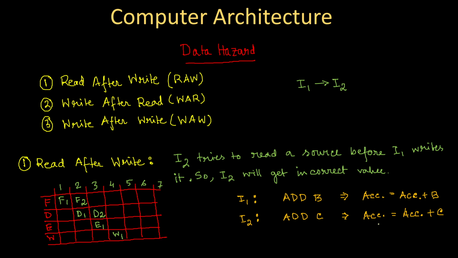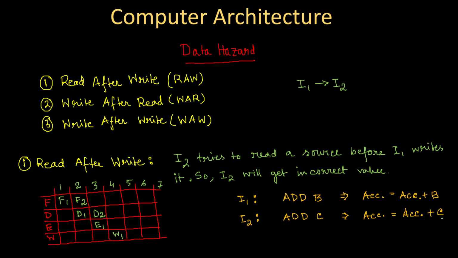Now as a programmer, you may have written the program so that first the content of B and the accumulator are added and stored in the accumulator, then the updated content of the accumulator must be added with C. Because for a programmer, the lines you write, whatever language you use, are basically sequential. The programmer doesn't care how the processor executes the program, whether there is a pipeline condition or any hazard or not.